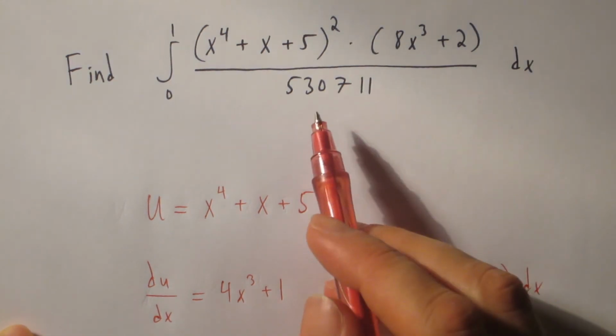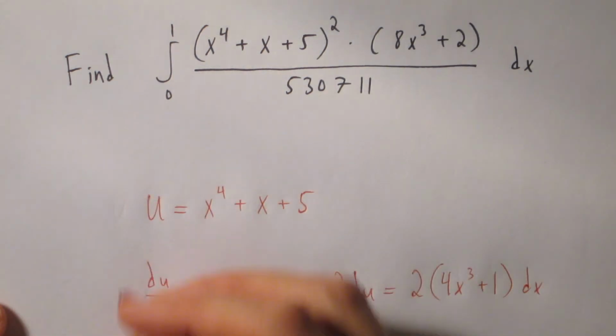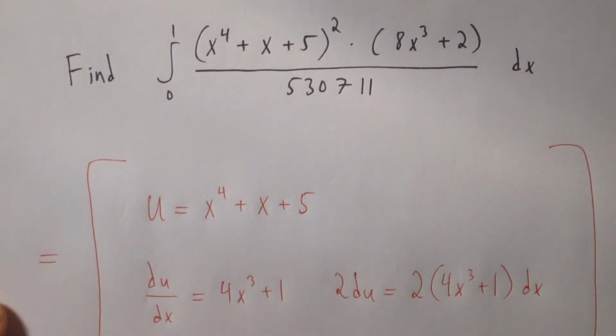And what about 530,711? Well, I included that because it's my favorite number. No, it's actually not. But numbers are nice, so they just hang around. So this is going to be our working box, and then we really continue down here.